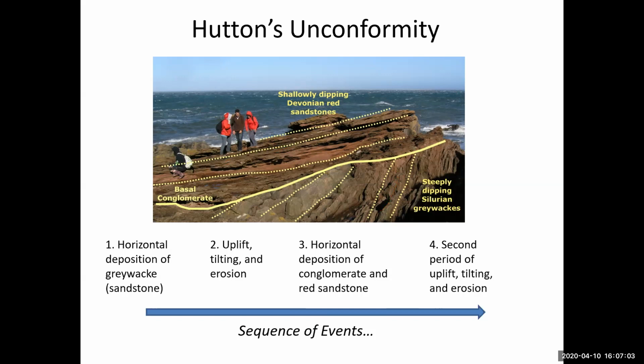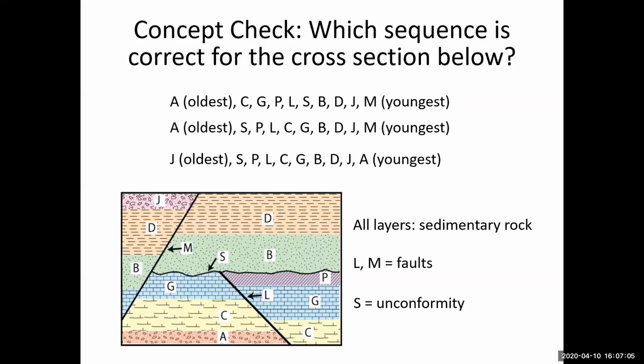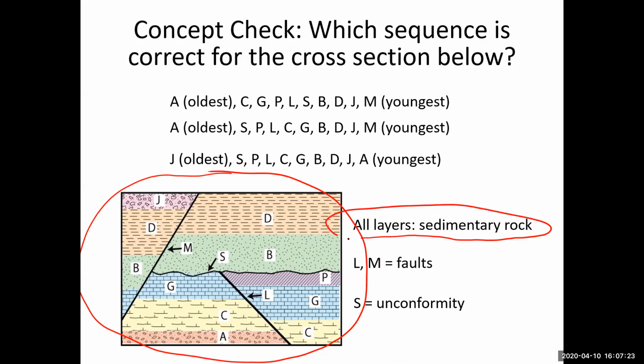That's pretty cool. Okay, here's one last slide you can use as a simple concept check. So we have this cross section below, and I've labeled various rock units and features. In this case, all of the layers are sedimentary rock, so there's no igneous or metamorphic rock anywhere on the diagram.